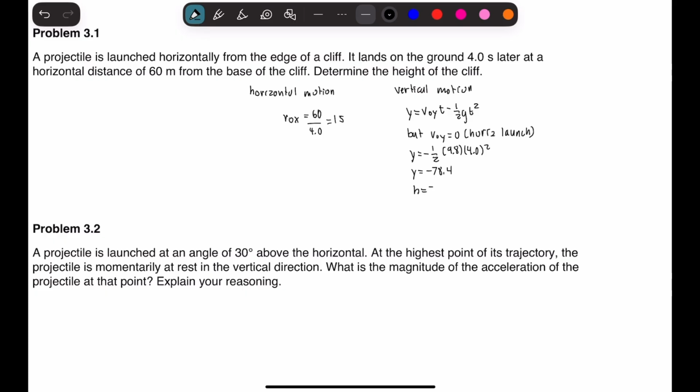So height is going to be equal to 78.4 meters. And height has to be positive. So that's why we can just infer that it's 78.4 meters. And the reason why it was negative was because of gravity.